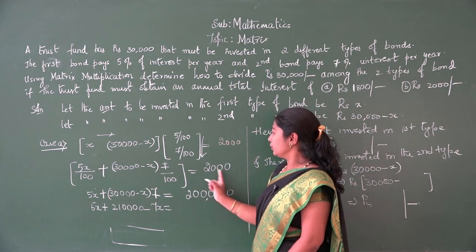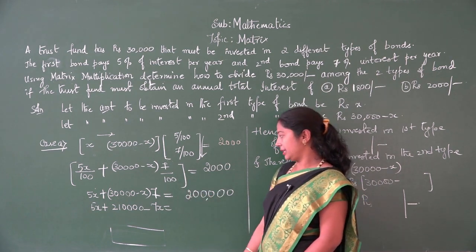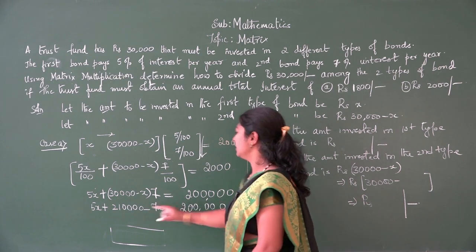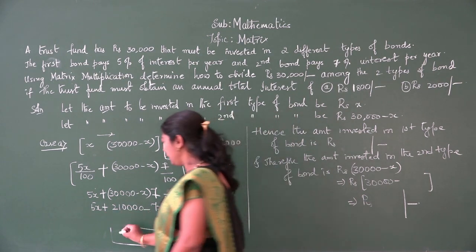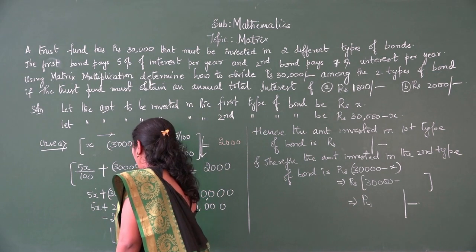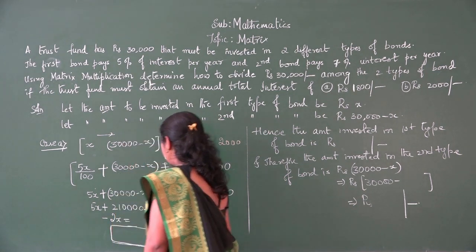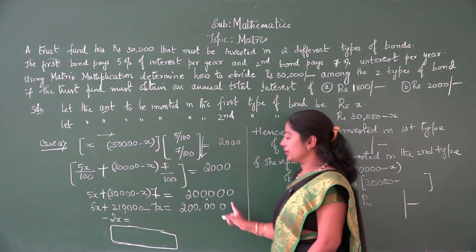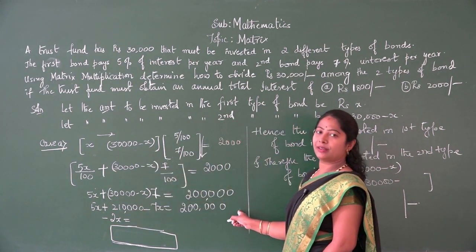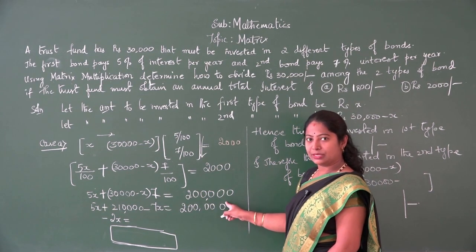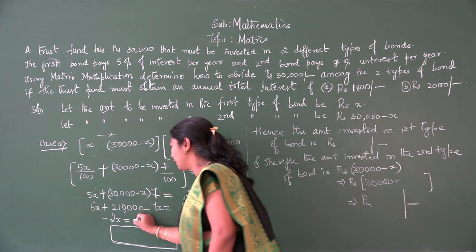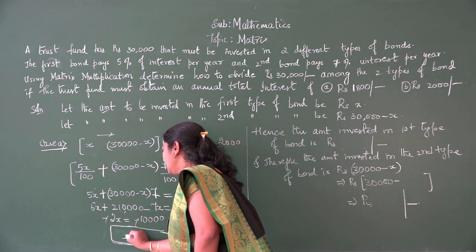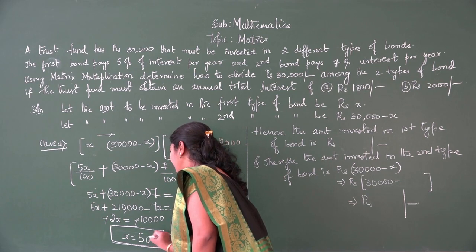Cross multiplying, 2,000 into 100 is 200,000. 5x minus 7x will be minus 2x, which is equal to 200,000 minus 210,000. Moving on to the RHS, 200,000 minus 210,000 will be minus 10,000. Minus gets cancelled.